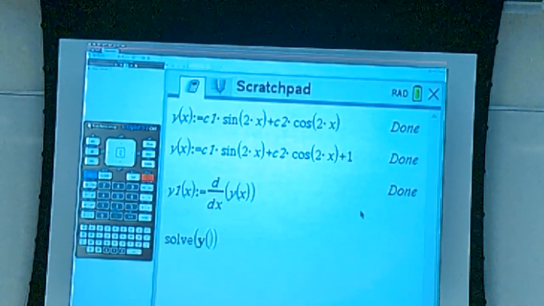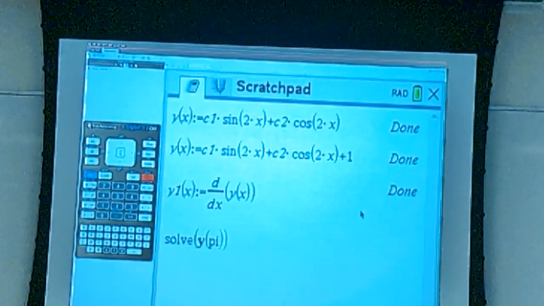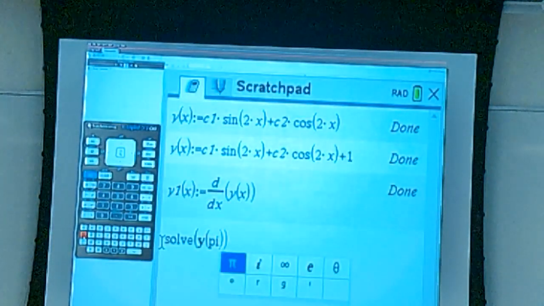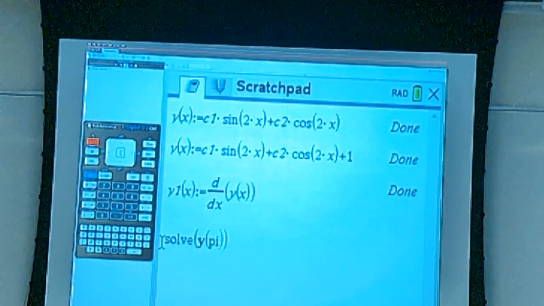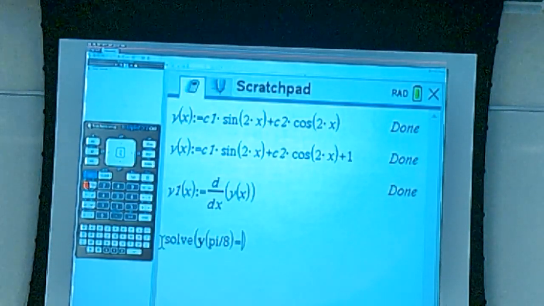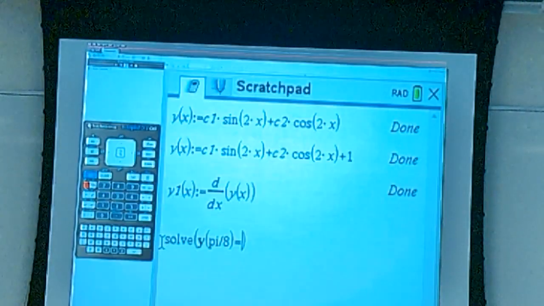y of, it was what, pi over 8? So you're going to just type out pi, or right here. We said that had to equal 0.